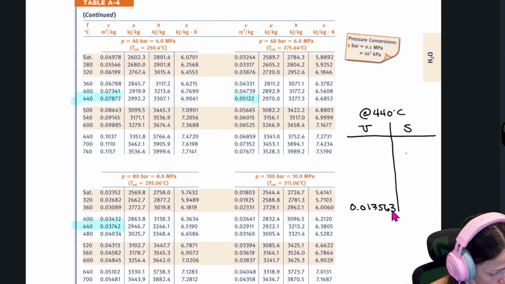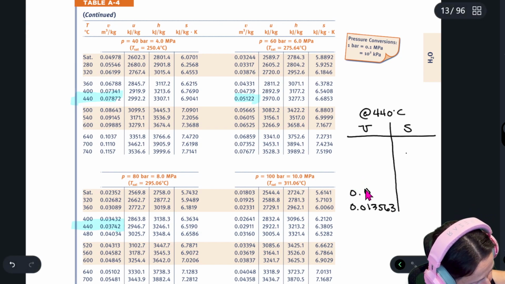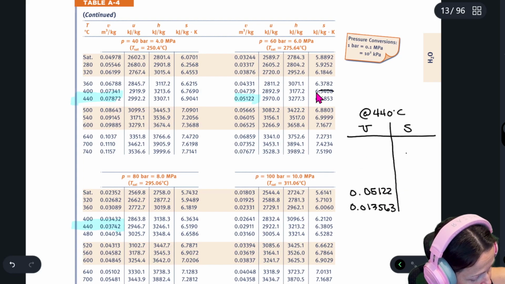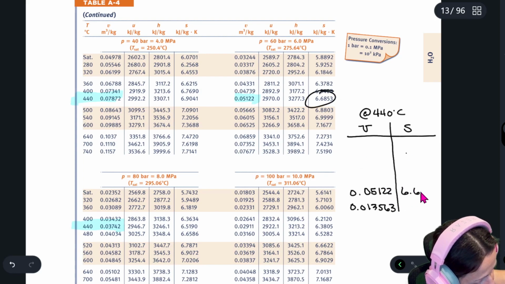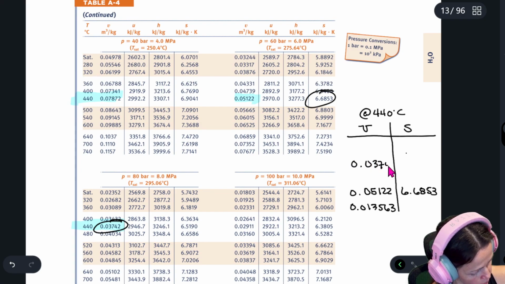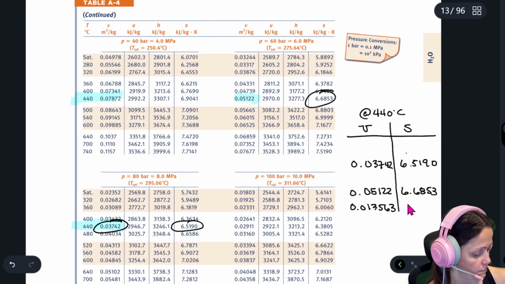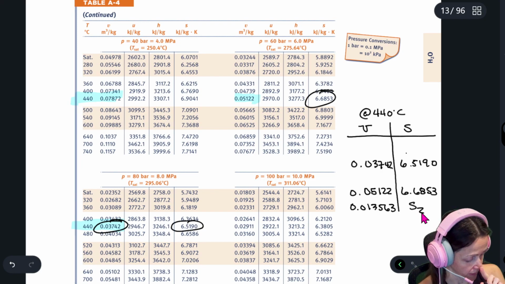If I were at 440 and my specific volume was 0.05122, my entropy would be 6.6853. If I were at 440 and my specific volume were 0.03742, then my entropy would be 6.5190. But this is the entropy that I'm looking for.